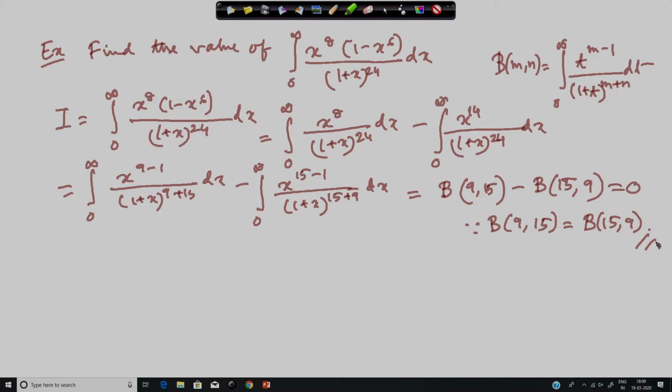Okay. So, next, something about gamma function. So, some properties of gamma function.